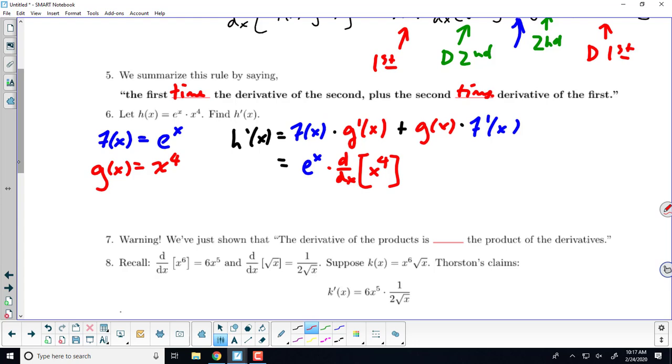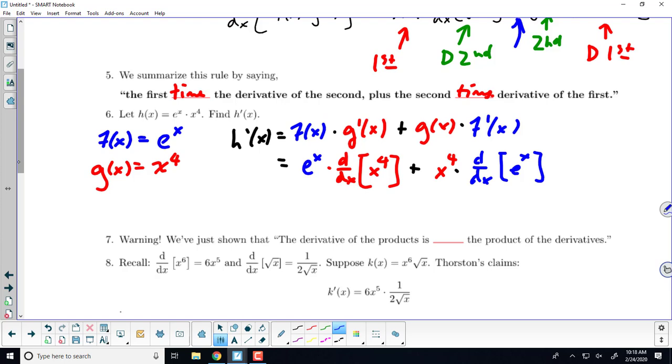Okay? Plus, so let's see here, we've got g of x, which is x to the fourth, times, by Leibniz's notation, the derivative of e to the x. Does everyone see what I just wrote there? Okay. I oftentimes, when these problems get large, use Leibniz's notation to sort of take a breath.